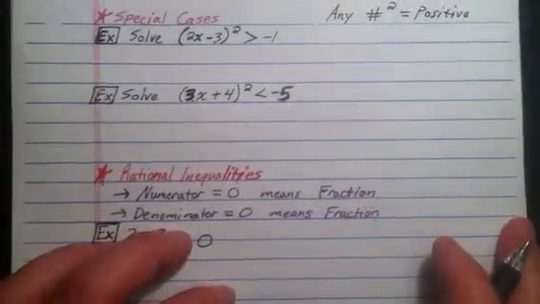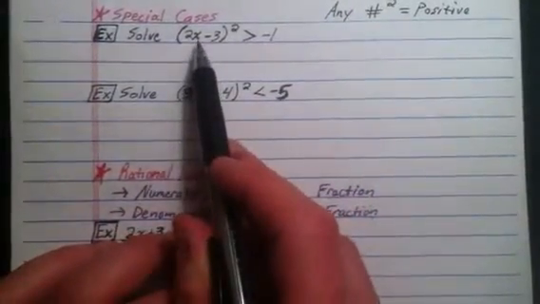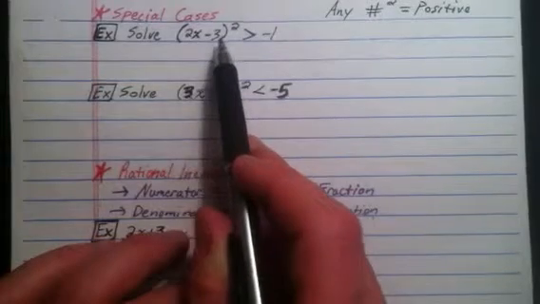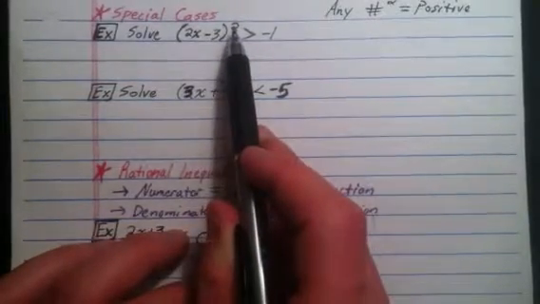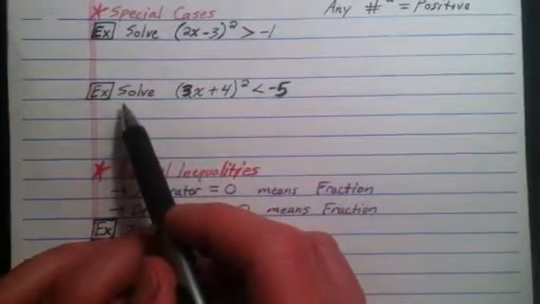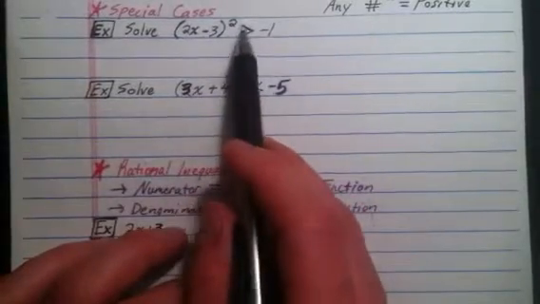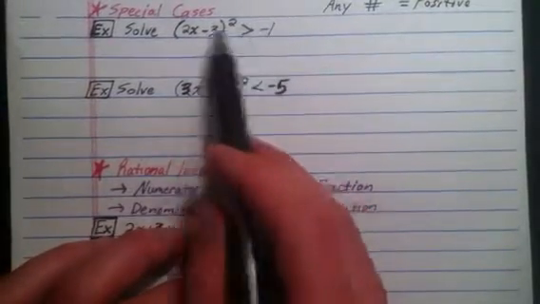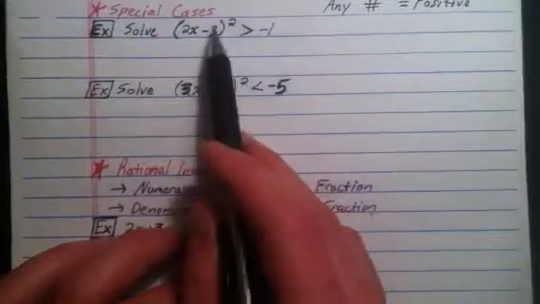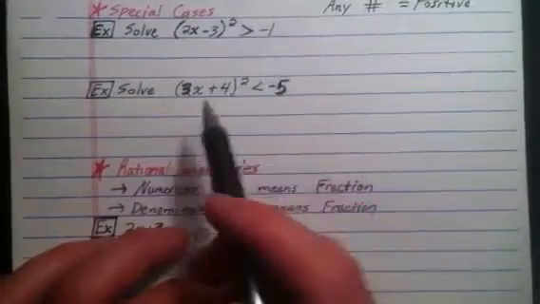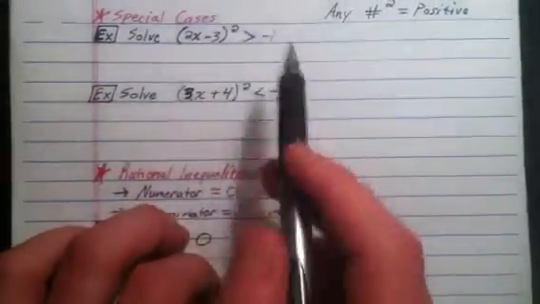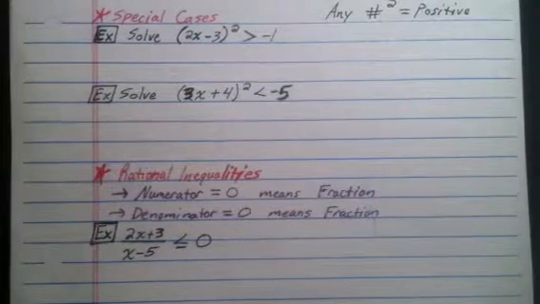It doesn't matter what we put in here for x, 2 times that number minus 3, whatever we get, if we square it, it's going to give us a positive. So no matter what we put in, it's going to be greater than negative 1. It's actually going to be greater than 0 even. Well, it's going to be at least 0.